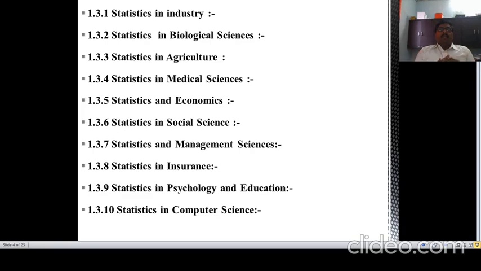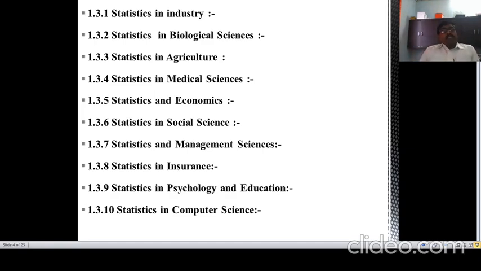For example, the relation between prices and supply, the relation between demand and prices, the relation between sales and profit. Demand analysis and time series analysis techniques are mainly developed to study economics. They are the gift given by statistics.